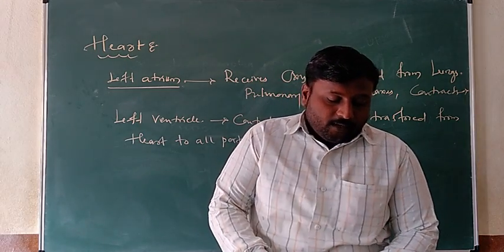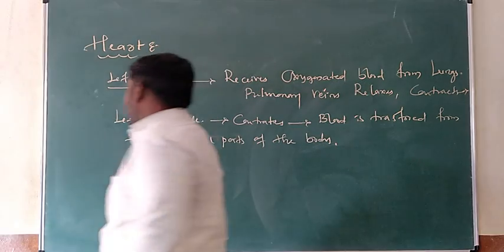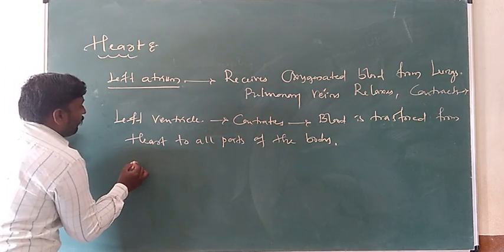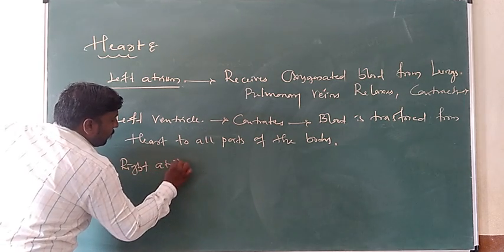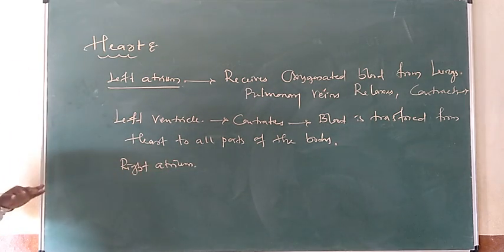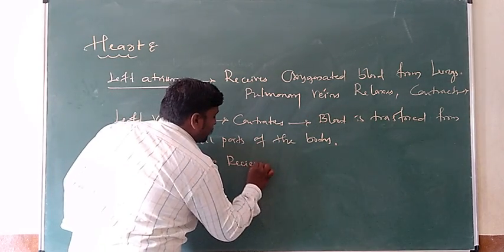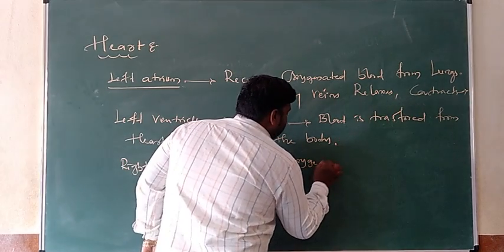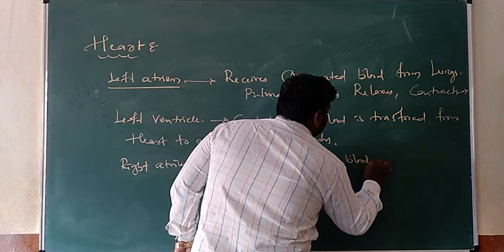Next, deoxygenated blood enters the right atrium as it expands. What is the function of the right atrium? It receives deoxygenated blood.